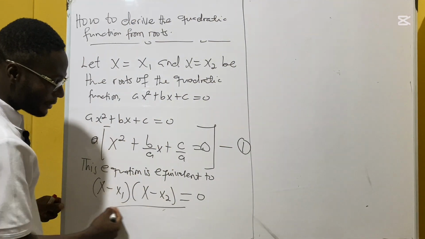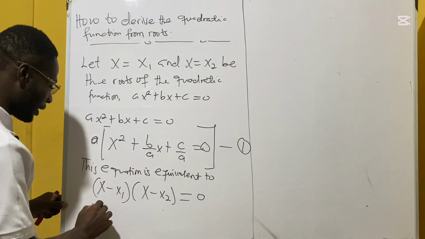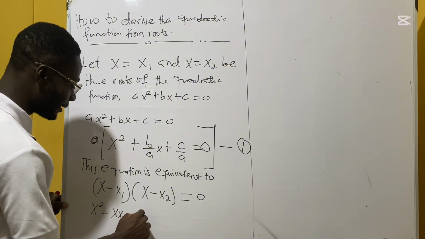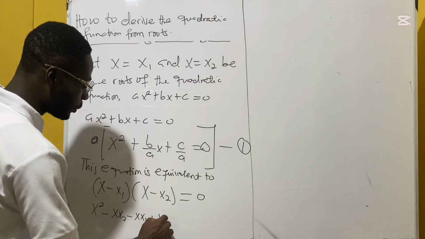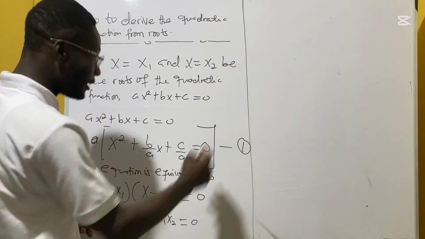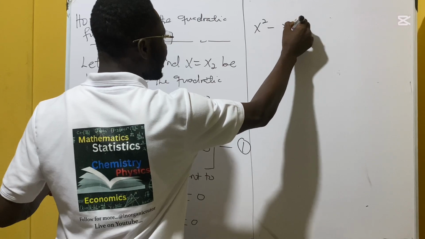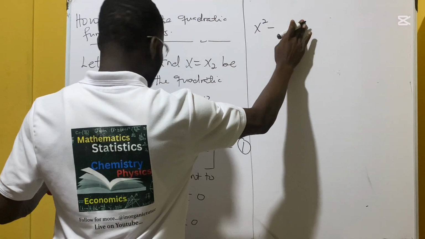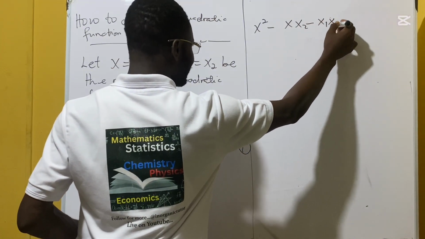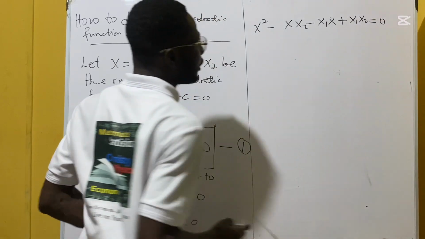From here, we can expand this bracket. When we expand that, we're going to have x squared minus x2 x minus x1 x plus x1 x2, and that is equal to 0.